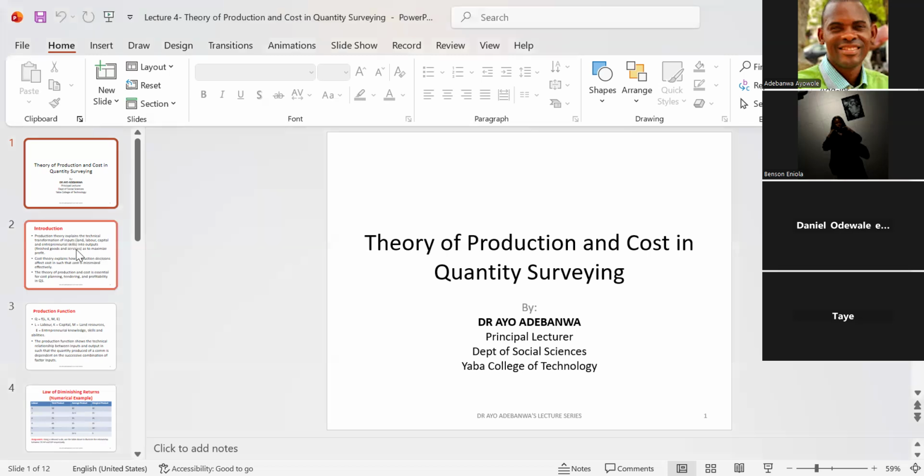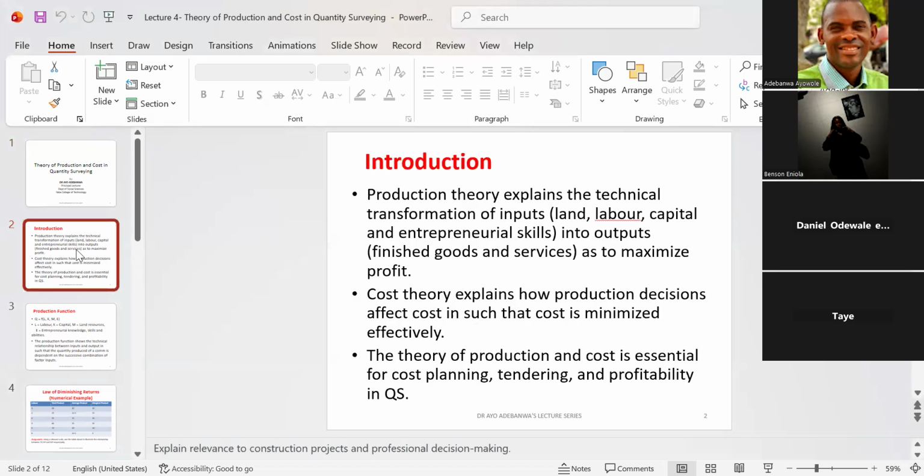By introduction, production theory explains the technical transformation of inputs, that is land, labor, capital, and entrepreneurial skills, into outputs. So there are two major concepts: we have the inputs, and then we have the outputs.